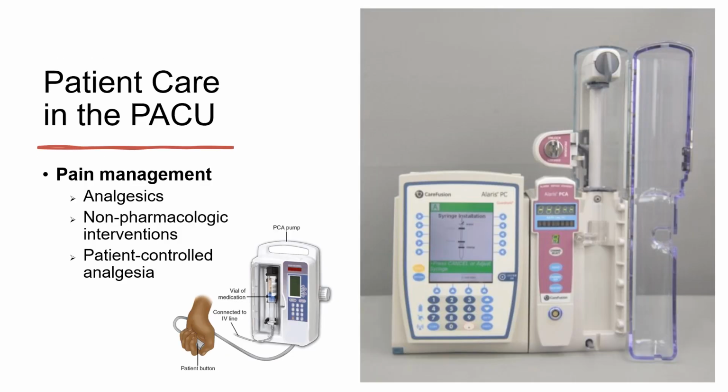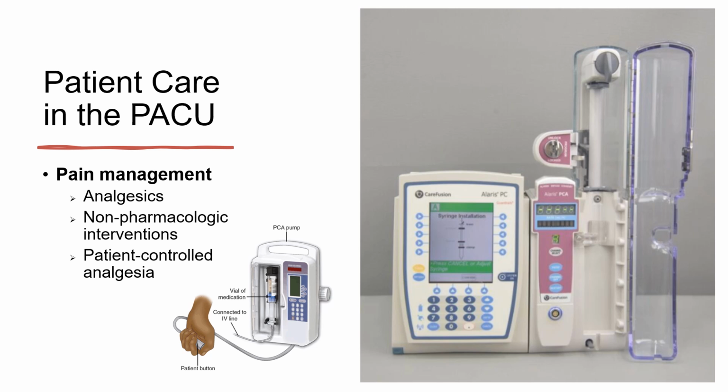Pain management in PACU. So we expect pain. You just came out of surgery, they just cut you open, and with some surgical procedures we expect way more pain than others. So this is where we need to give medication and make sure we do our non-pharmacological interventions, and we could possibly give a patient-controlled analgesia.